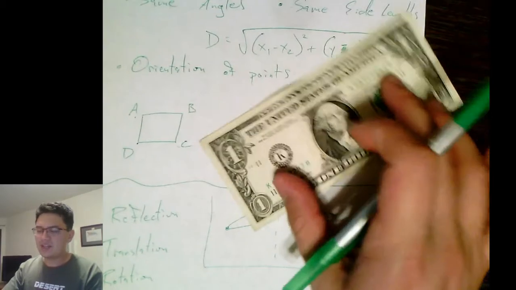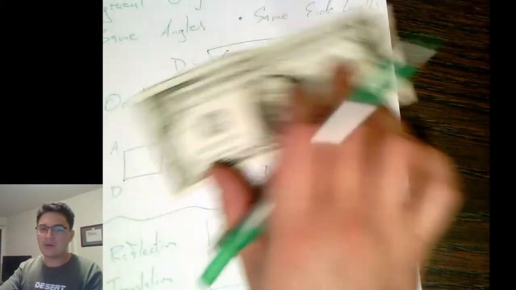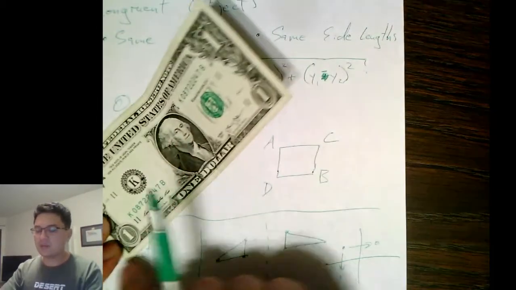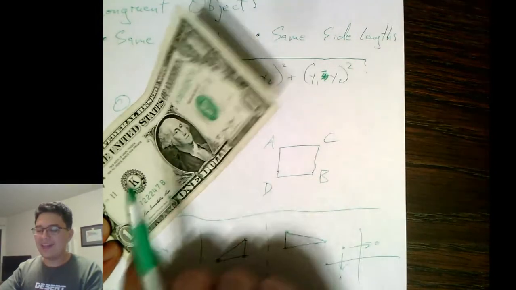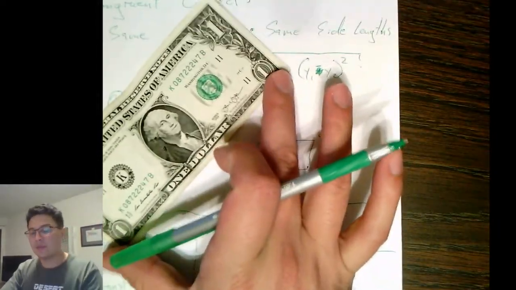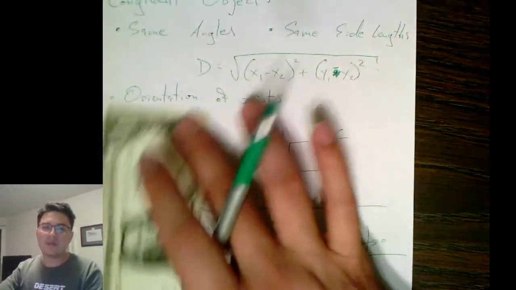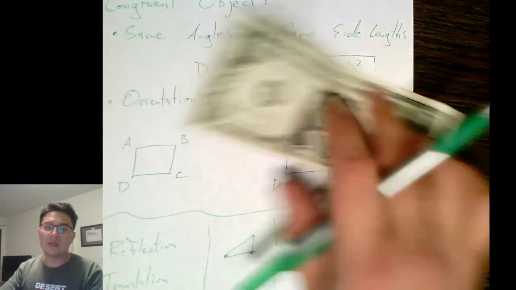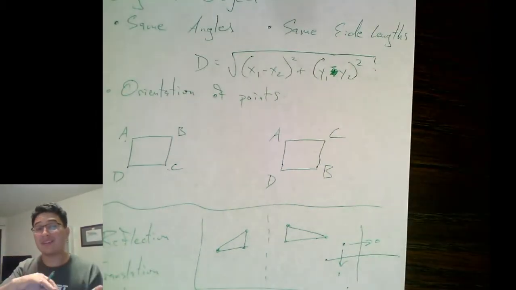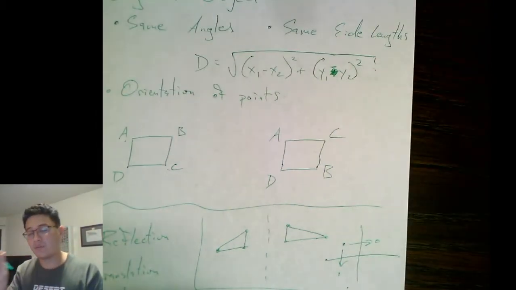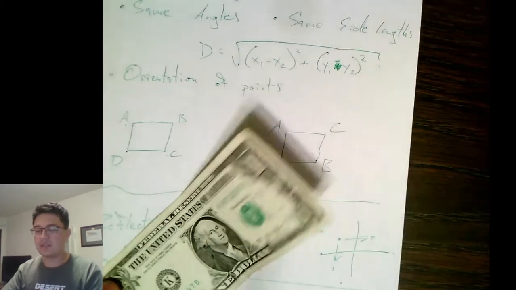With a rotation, because we're rotating around a point, the way I always think of it is there's going to be part of our object, whether it's a vertex or a side length or something, that is always going to be facing towards an object. So the orientation of points isn't going to change. You're always going to see the orientation of points around the object in the same order.